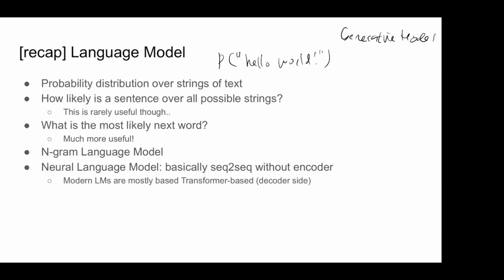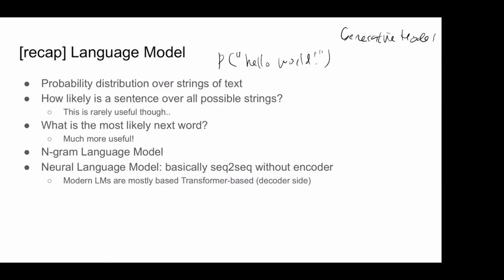We're in the domain of text, but if you're in the domain of image, then this will be image. It's basically the probability distribution of the target output. So a generative model is able to define that, and because of that, you're able to generate a new output instance, a sample, for instance.